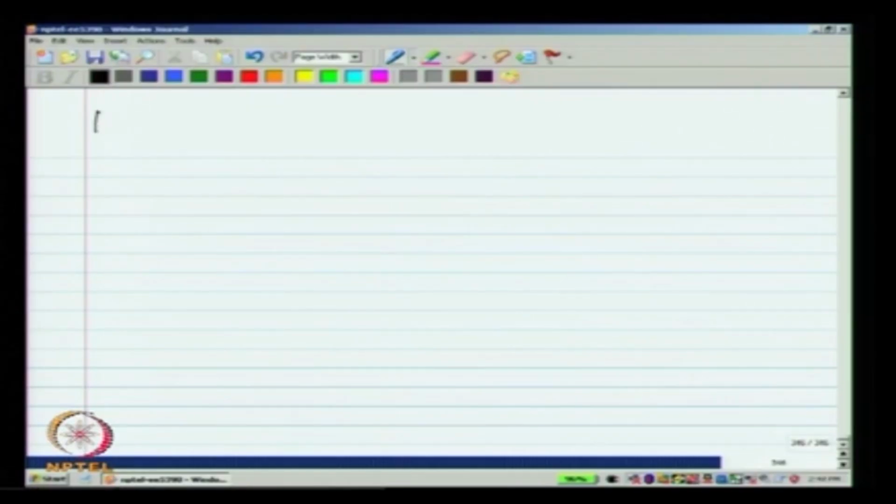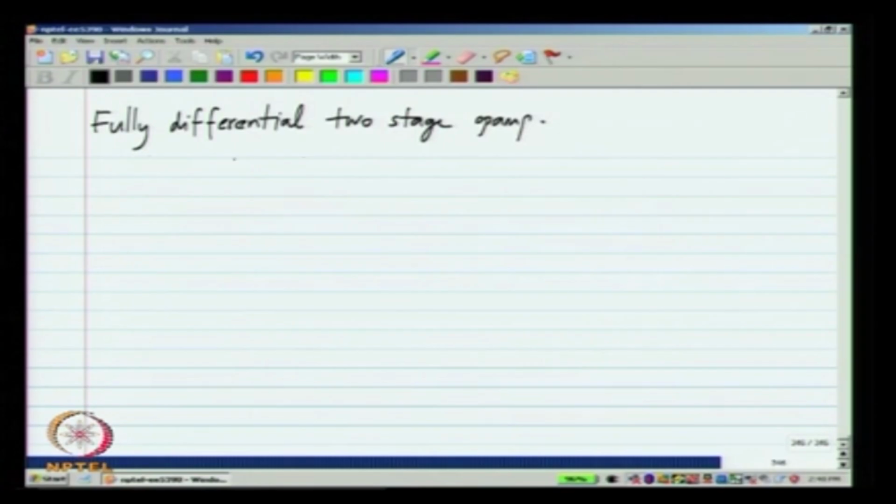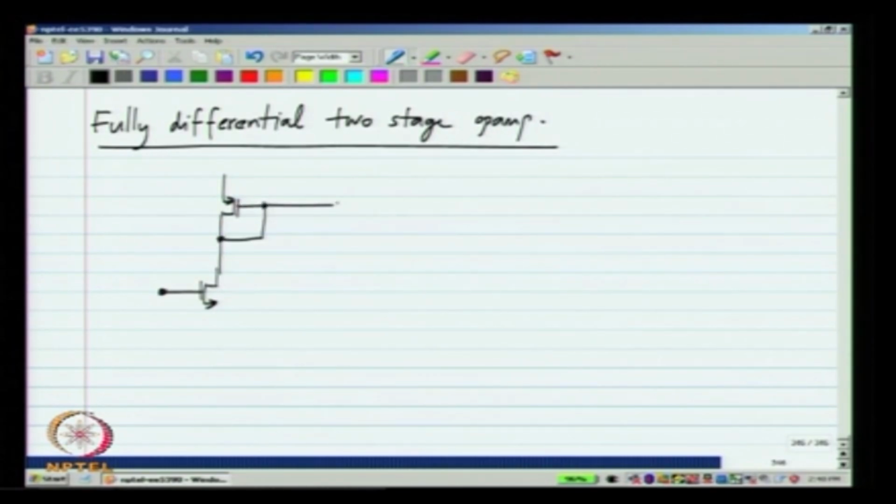Now, we will go on to the fully differential two stage op amp. Let me first draw the single ended two stage op amp.